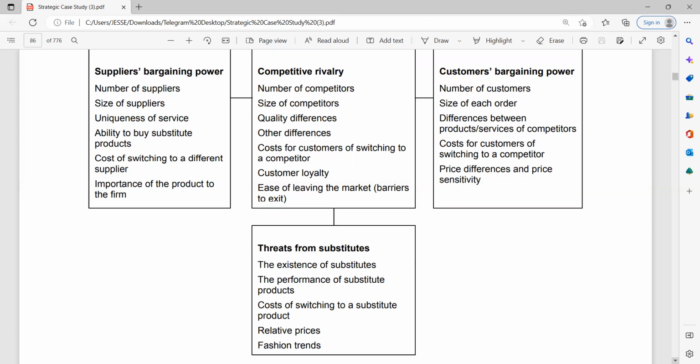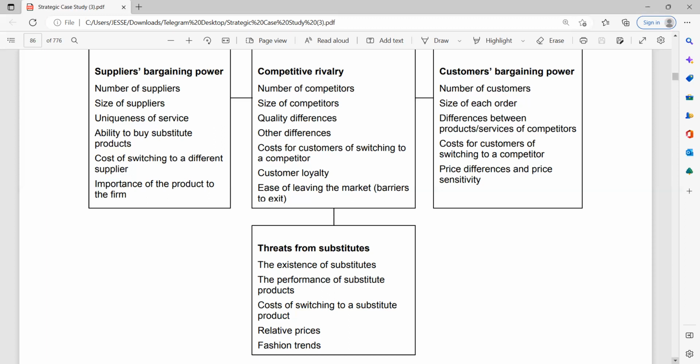Then you have competitive rivalry. Here too, you have the number of competitors, the size of competitors, the quality, cost of switching, customer loyalty, etc. You have customer bargaining power as well, which is kind of like the opposite of supplier bargaining power.